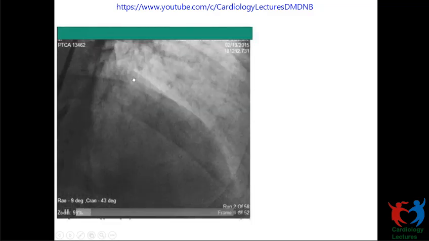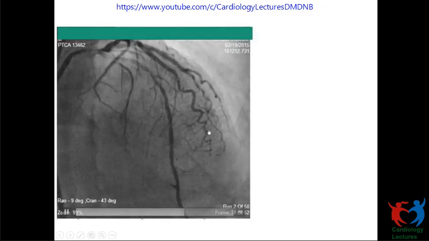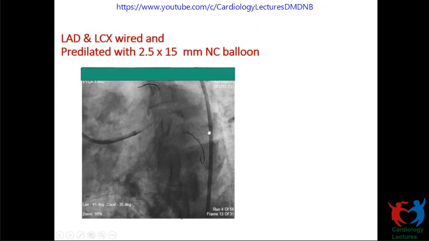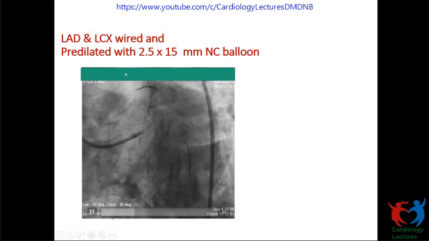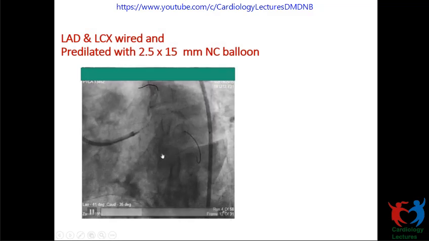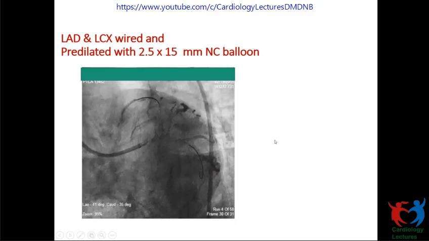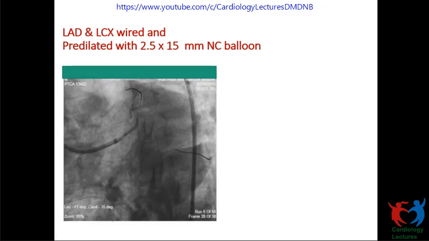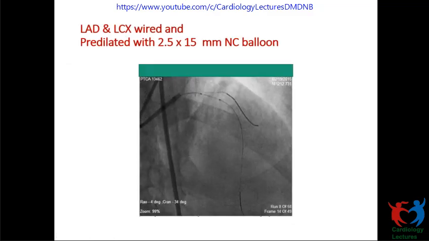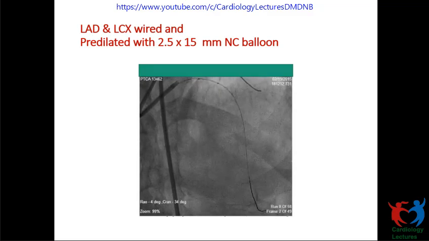And in this, we can, I think, clearly see that left main distal is clearly diseased. So we wire both the branches, LAD and LCX, and we pre-dilate both the branches sequentially with 2.5 into 15 NC balloon. And we dilate, in fact, the entire LAD, the diseased portion.